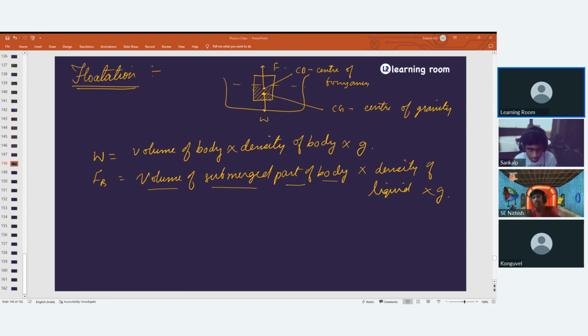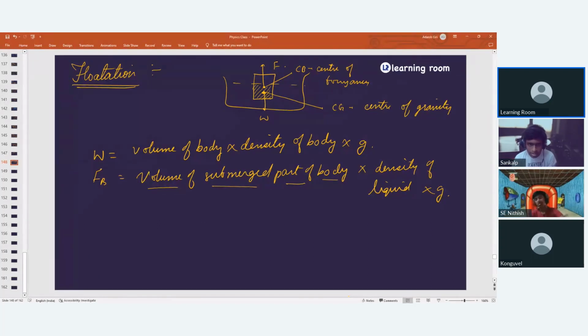The exact answer for buoyancy will be the volume of the body that is immersed, which is equal to the volume of liquid displaced. That is what we are multiplying with the density of liquid.